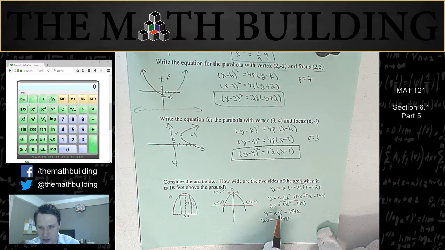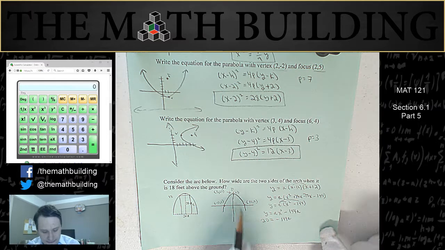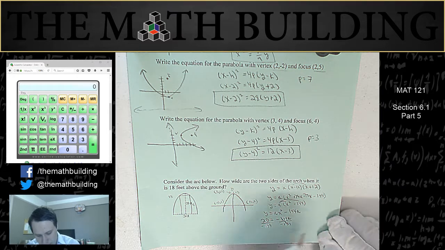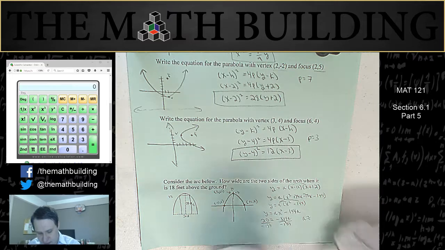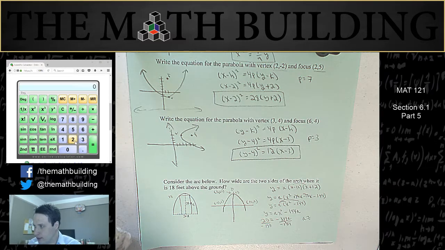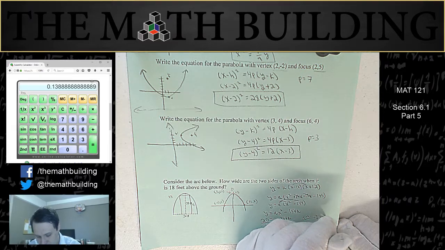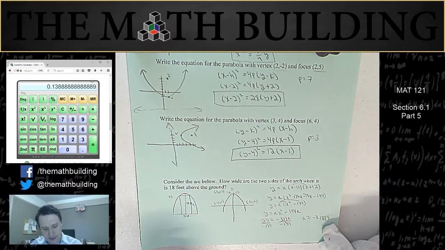I plugged in a 0 there, so all of that went away, and I plugged in a 20 here because the point 0, 20 is on the parabola. So divide both sides by negative 144, and that will be a. So a is approximately, let's do that in our calculator, 20 divided by 144 is 0.138888, and it's negative, so negative 0.138889.